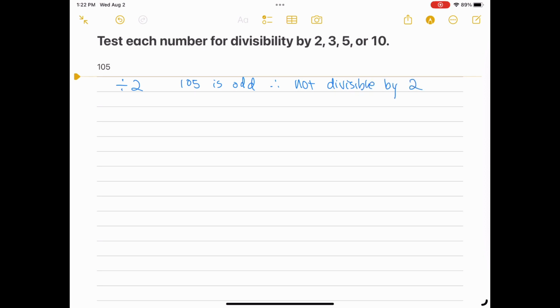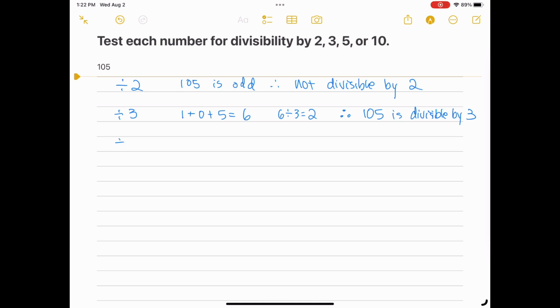So therefore it is not divisible by 2. Next, is 105 divisible by 3? Well, the digits 1 plus 0 plus 5 equals 6, and 6 is divisible by 3. Therefore, 105 is divisible by 3.